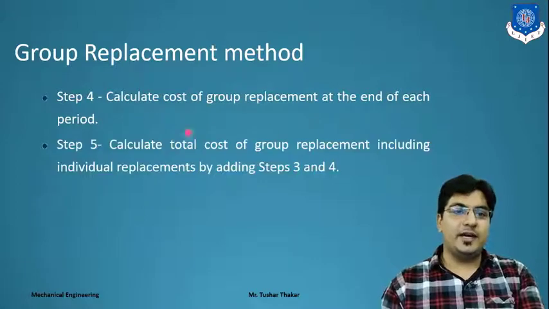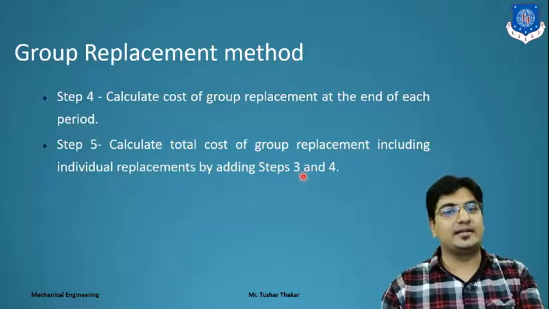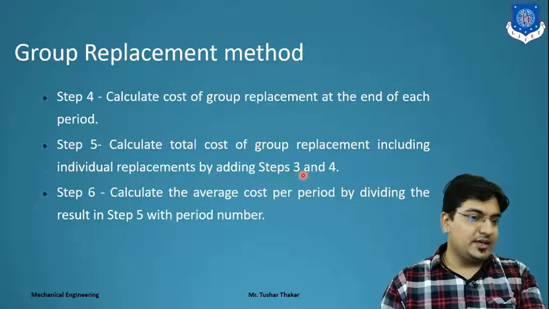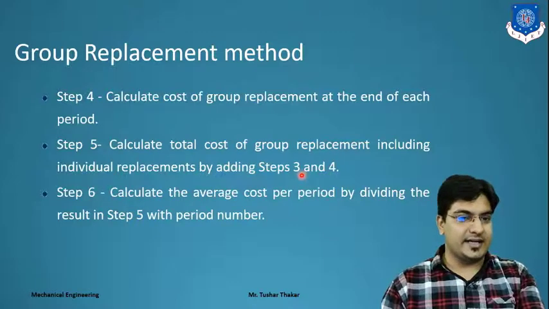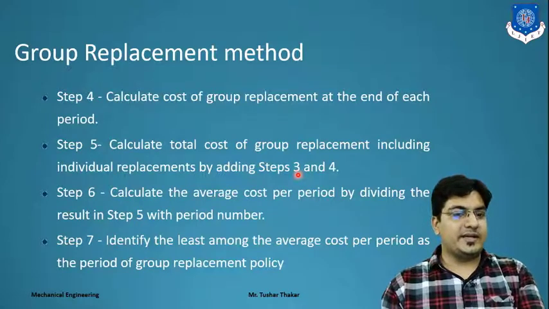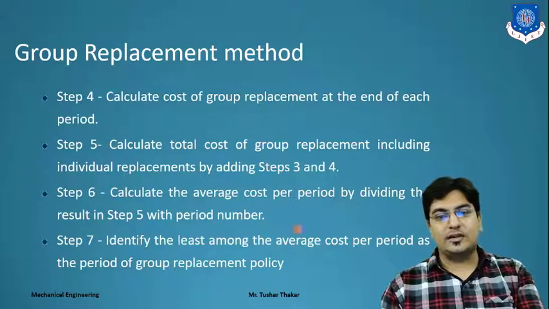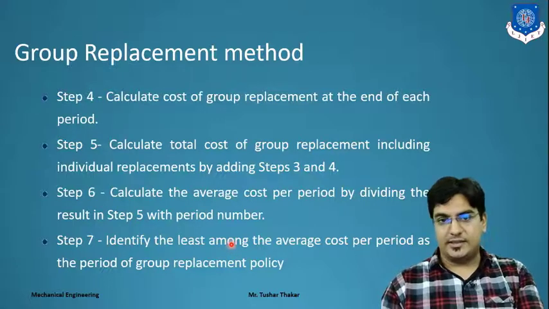In step 5, calculate the total cost of group replacement including individual replacement by adding step 3 and step 4. In step 6, calculate the average cost per period by dividing the result of step 5 by the period number. Step 7, identify the least among the average costs per period as the period of group replacement policy.